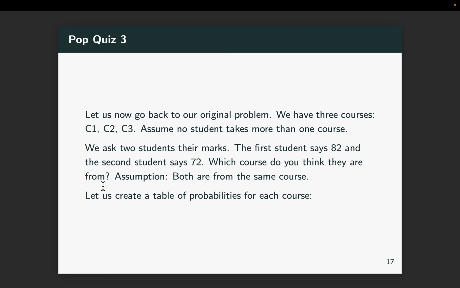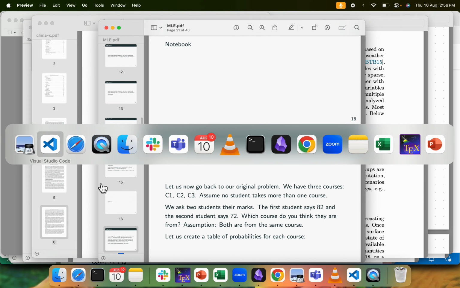Now tell me which class they belong to. Most likely C1, but let's see how we'd go about solving that.